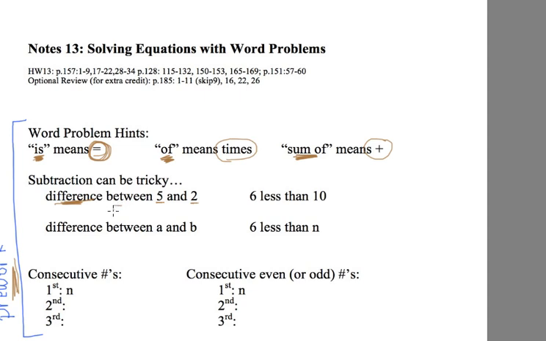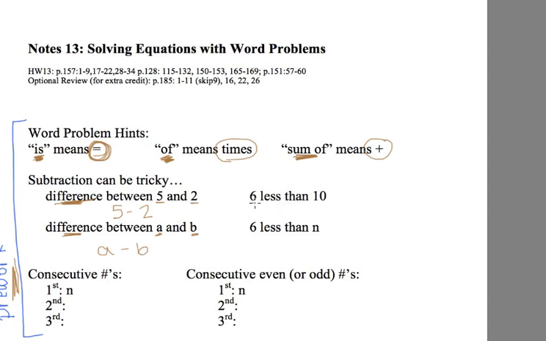So when they say the difference between 5 and 2, you take the first one minus the last one. So 5 minus 2. The difference between A and B, again, you would take the first one, A, minus the last one, B.